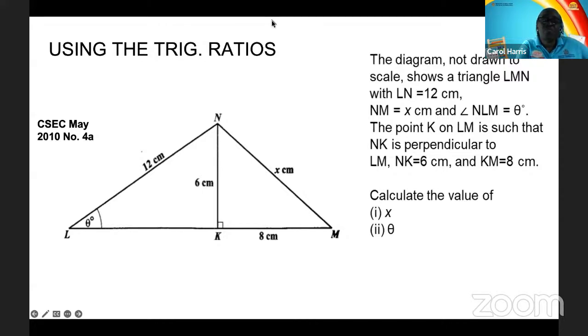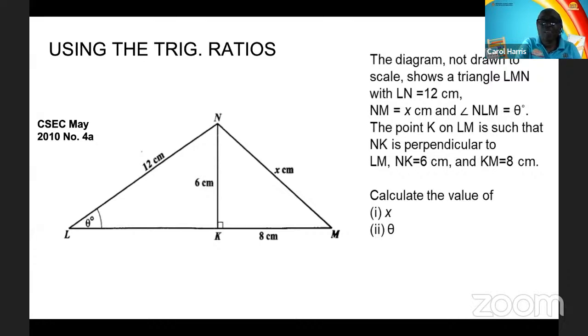It's a diagram of a triangle LMN with LN equal to 12 centimeters, NM equal to X centimeters. In other words, we don't know what it is. And angle NLM is 30 degrees. Now they tell us that the point K along LM is such that NK is perpendicular to LM. If it's perpendicular, what does that mean? They didn't say the measure of the angle, but they tell us it's perpendicular to LM.